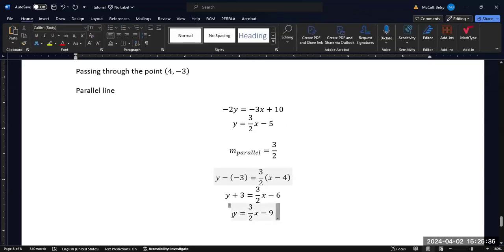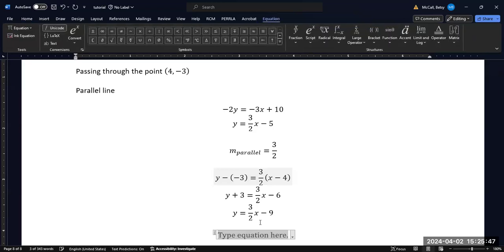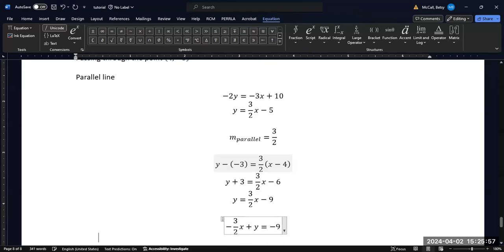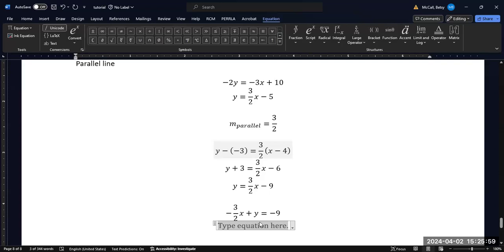So that is my equation of the line that is parallel to the original line, but passes through the point (4, -3). If I wanted to, I could put this in standard form. That would give me -3/2 x plus y is equal to -9. And if I want to clear the fractions, I can multiply everything by -2 to get rid of the leading negative signs.